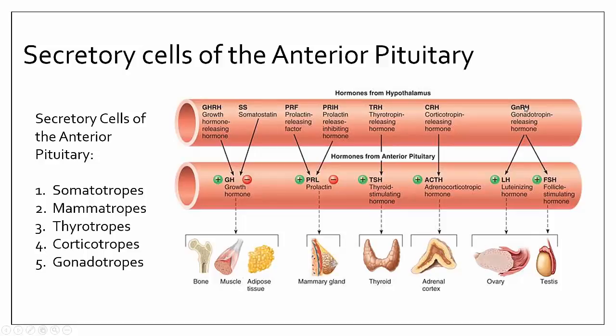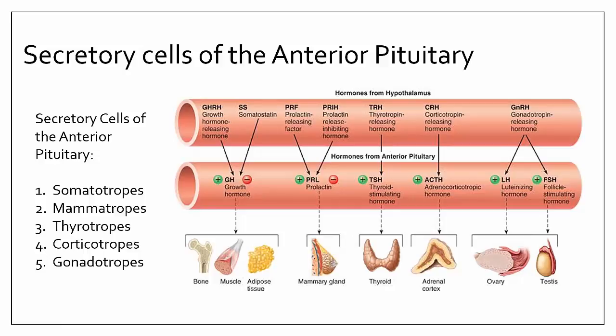And then GnRH, gonadotropin releasing hormone, causes the secretion of LH and FSH from the gonadotropes, which go on and affect the ovaries and testes and have their effects differently in males and females, of course.